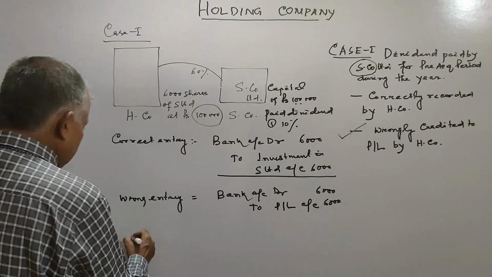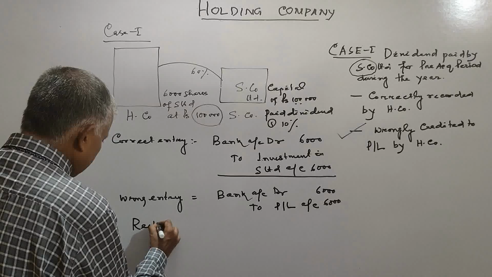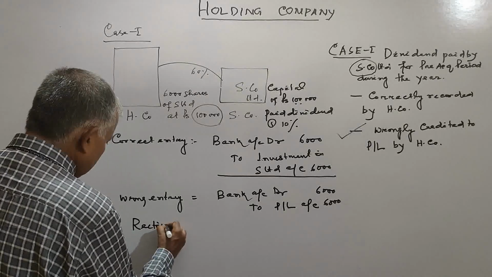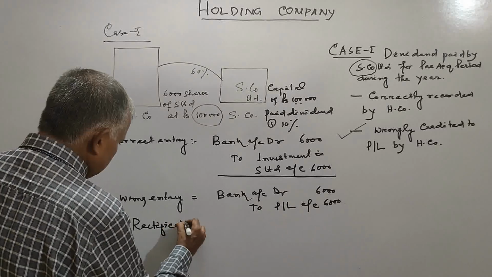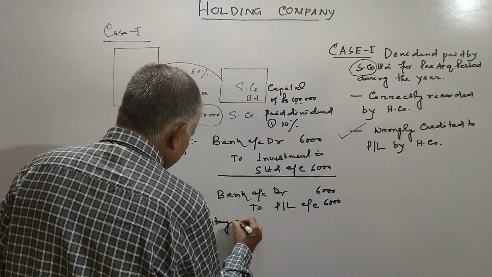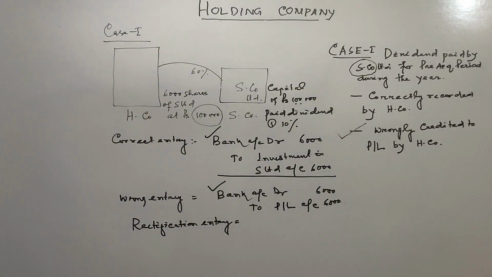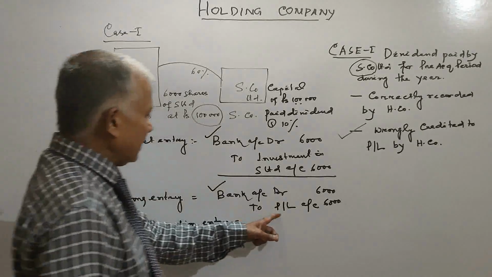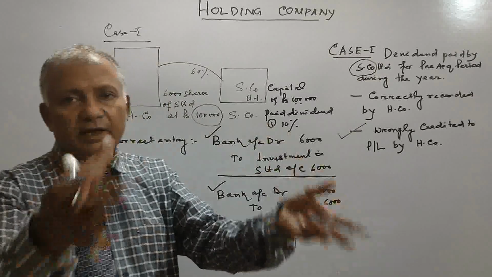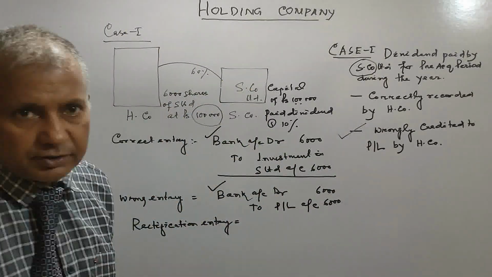So in this case, the rectification entry: bank account debit, bank is correctly debited. Now the PL account is incorrectly credited. The PL account was credited, we should debit it to make it correct.